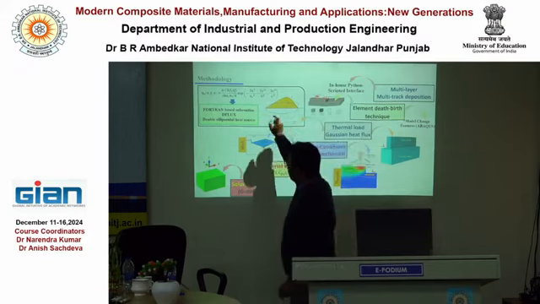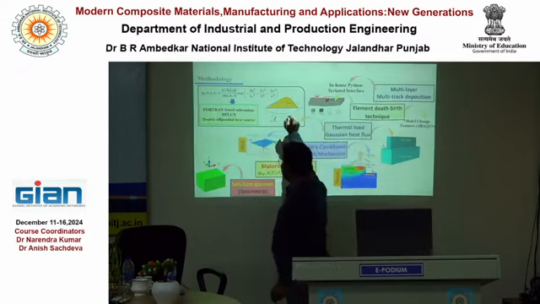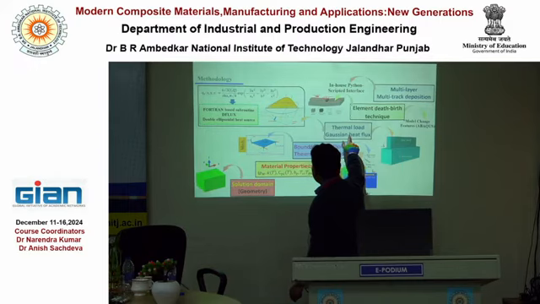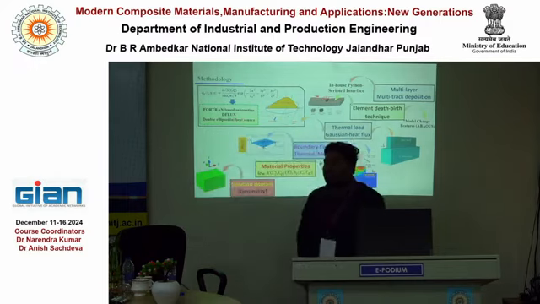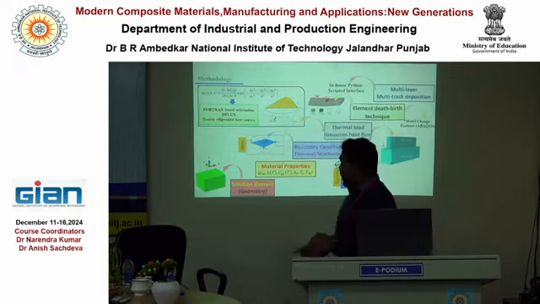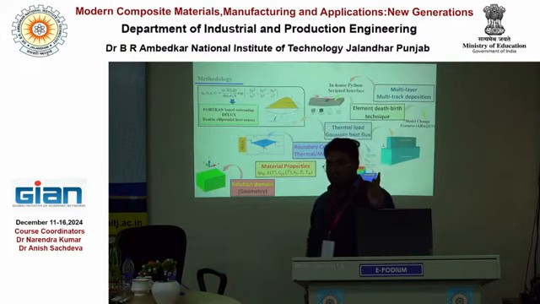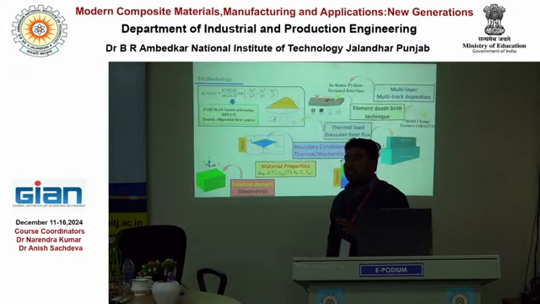For incorporation of this double ellipsoidal heat source model, we have used a DFLUX subroutine. Subroutine in the sense that the Abaqus software is there, and within that we have to generate one extra file by using Fortran language code, because in Abaqus there is no heat flux module.